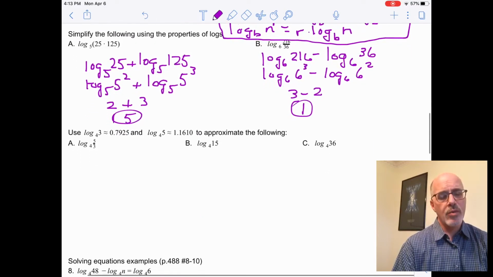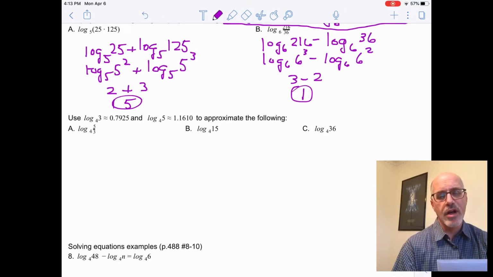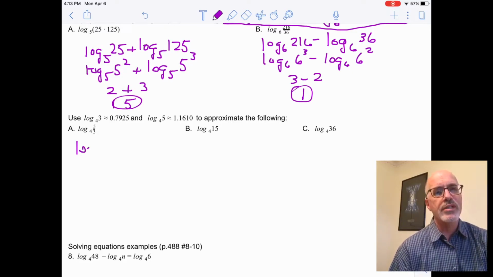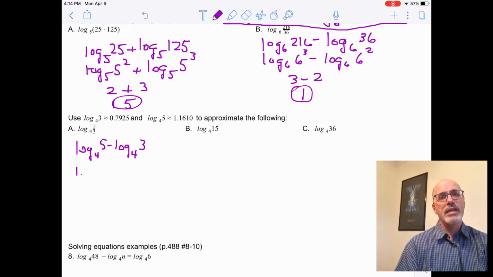Now the next part, we're going to take approximations of logs. If we know that log base 4 of 3 is equal to about 0.7925 and log base 4 of 5 is about 1.1615, we're going to use those to simplify logs that aren't quite as easy to do. So this first one's division, so we're going to subtract the logs, log base 4 of 5 minus log base 4 of 3.